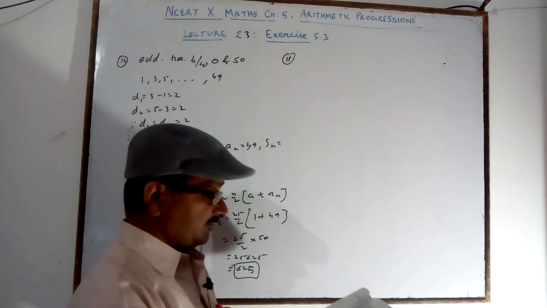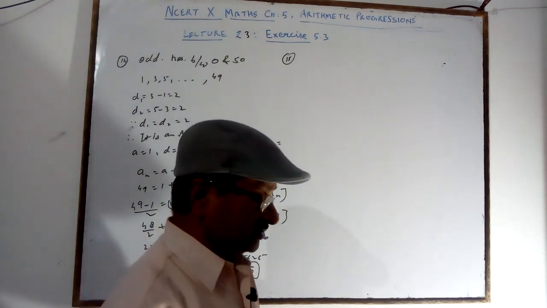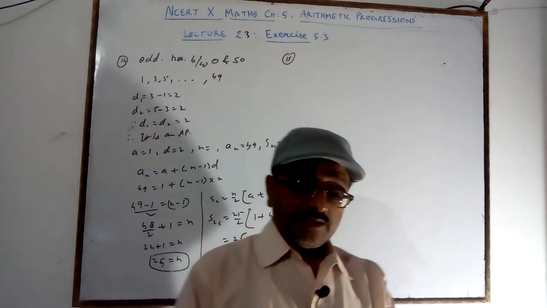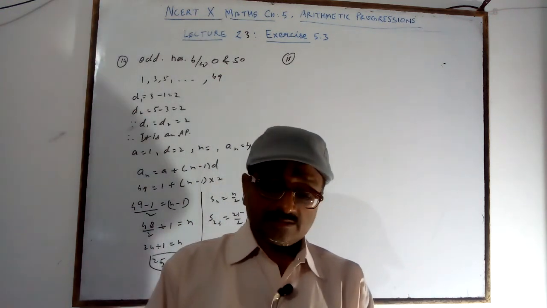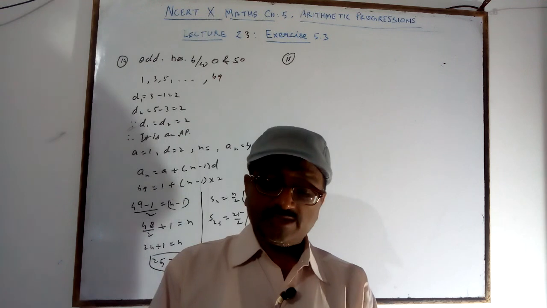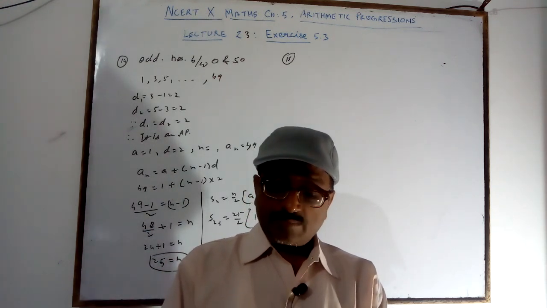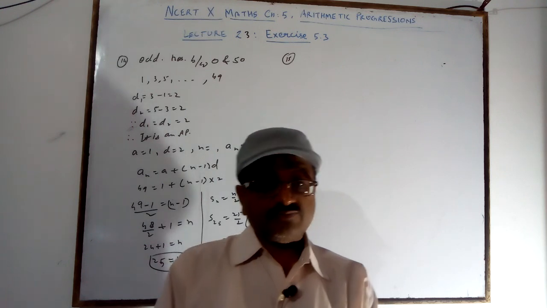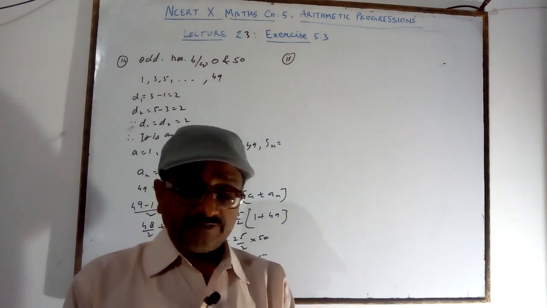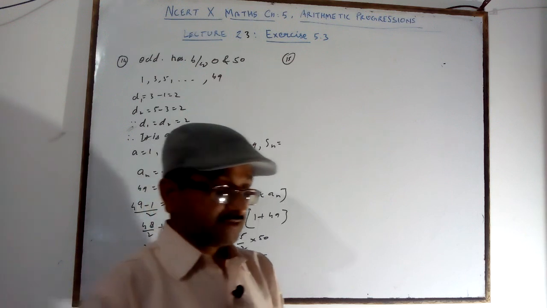In question number 15, a contractor is constructing a job, and the contract specified a penalty for the delay of completion beyond a certain date as follows. It is given rupees 200 for the first day, 250 for the second day.